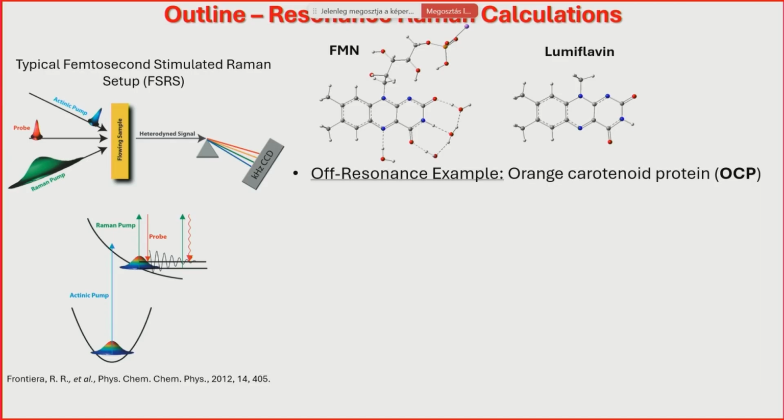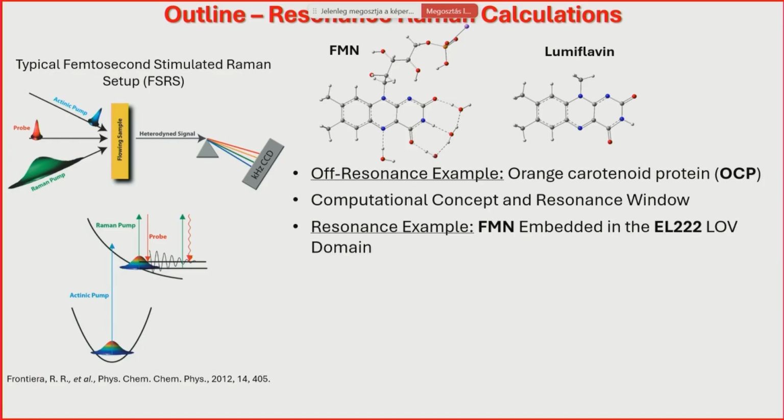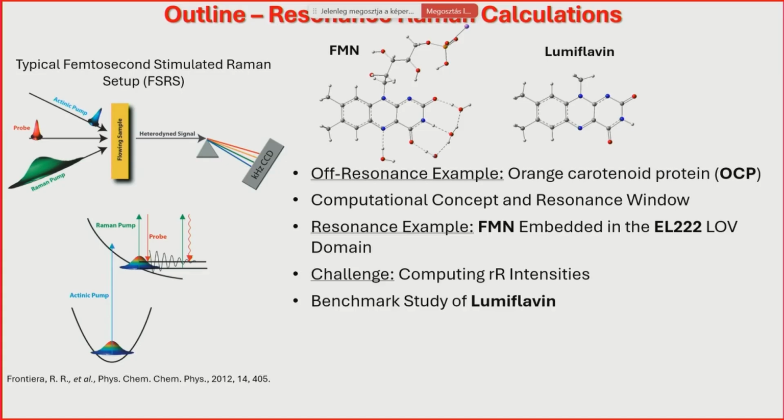The first example will be the off-resonance Raman of orange carotenoid protein. Then I will briefly talk about the computational concept and the resonance window, about how to calculate resonance Raman spectra, and I will give an example of FMN embedded in the EL2 LOV domain.